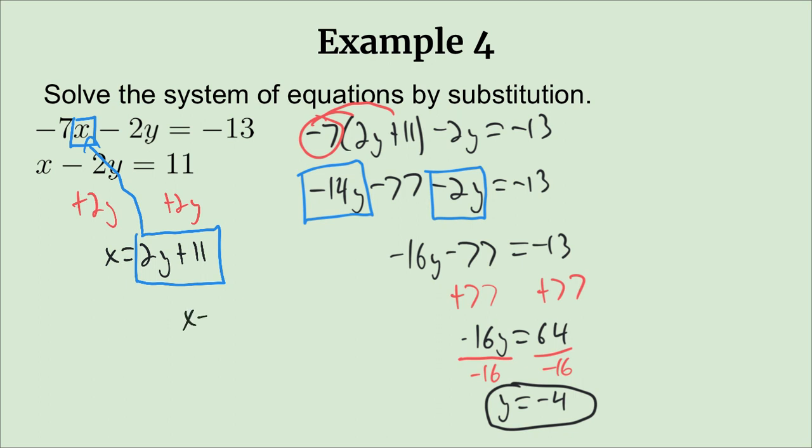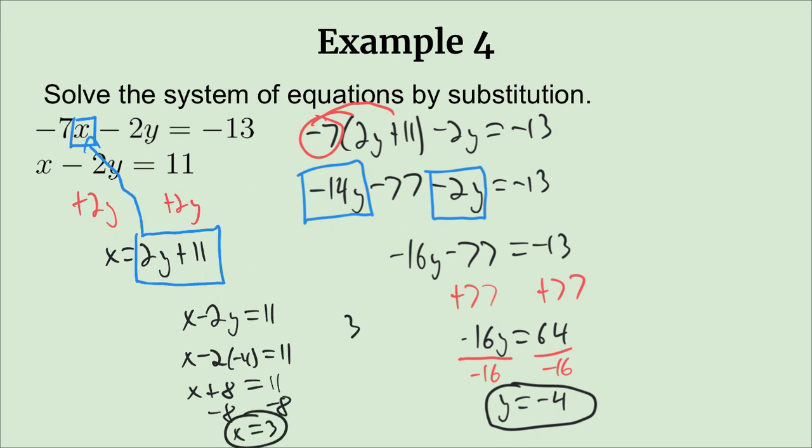So we have x minus 2y equals 11. We know y equals negative 4. So x plus 8 equals 11. Subtract 8 from both sides. x equals 3. So our final answer is 3, negative 4.